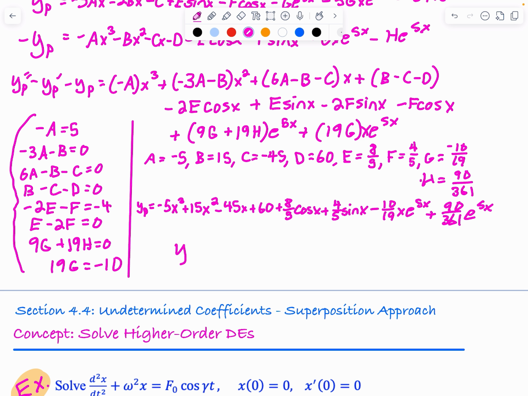All right, and then I ran out of room here, and I think we have it. Y sub p plus y sub c here, or we usually do it reversed. We do y sub c plus y sub p as our solution.